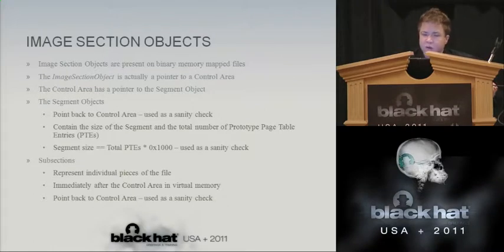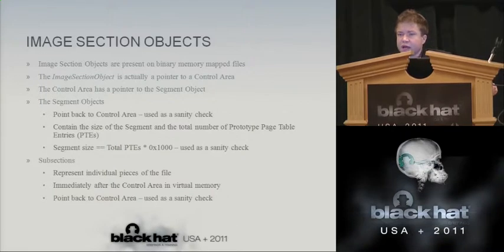So the image section objects represent binaries in memory. Image in this case, that's how Microsoft refers to a binary, as an image. If you were using WinDbg, it'd be marked as an EXE, but it could be a DLL or an EXE. The image section object pointer is actually a pointer to another control area. That control area has a pointer to what's called a segment object. And then that segment object, if you wanted to do some sanity checking, would point back to the control area.